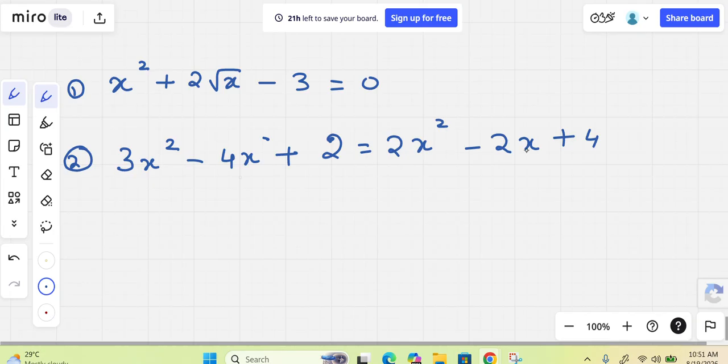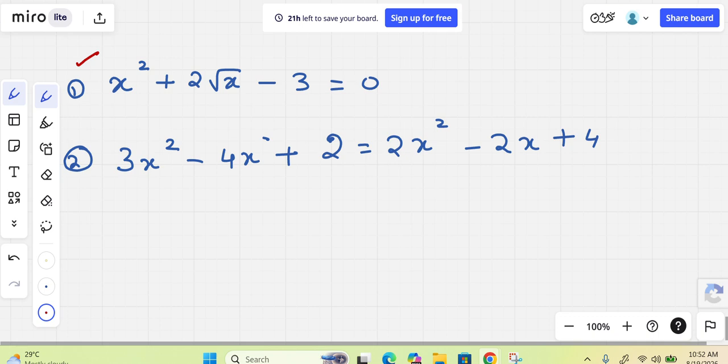So, first of all, look at x square plus 2 root x minus 3. Is that a quadratic polynomial? Everybody, look at this and tell me, is it a quadratic polynomial? Fast, fast.